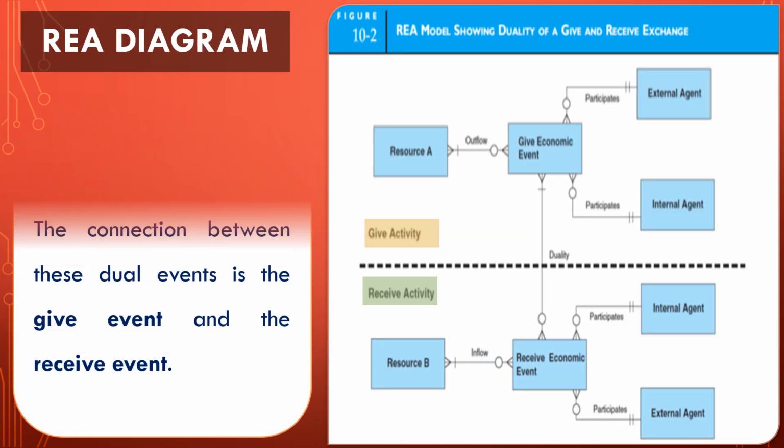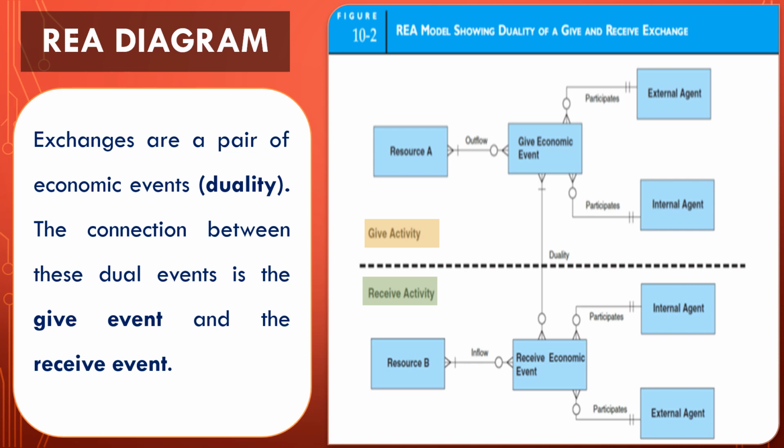Okay, so the exchanges are the pair of economic events, as we said, duality, because we have duality: give activities and receive activities. The connection between these dual events is the give events and the receiving events.